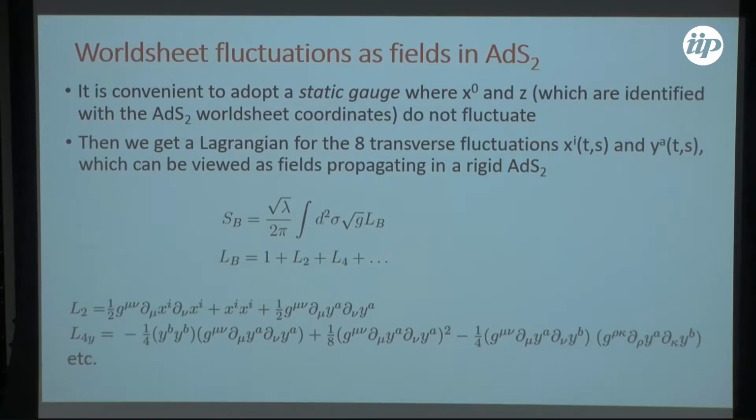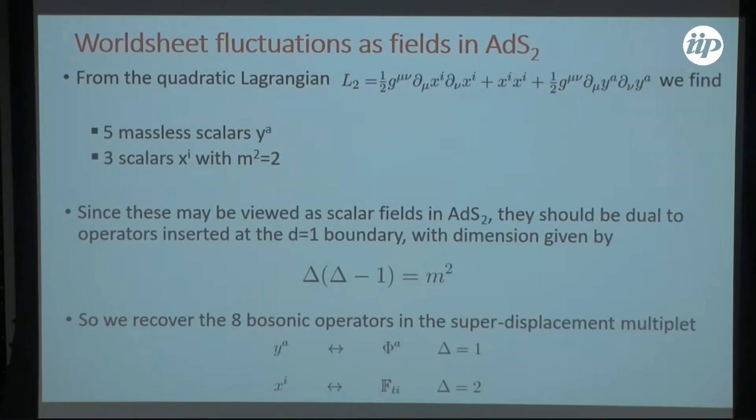You can go on. From the quadratic Lagrangian, we can read off the spectrum. Let's just view this as some field theory in some AdS2. We can read off the mass spectrum by just looking at the Lagrangian. So we see that the sphere fluctuations are massless, and the AdS fluctuations have mass squared equal 2. And then we can just apply the usual AdS/CFT logic to map this mass spectrum to dimensions at the boundary of AdS2.